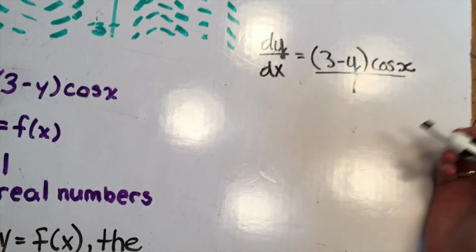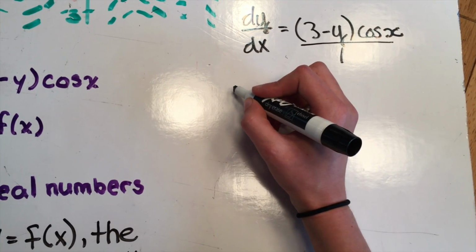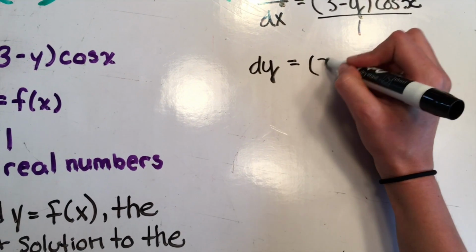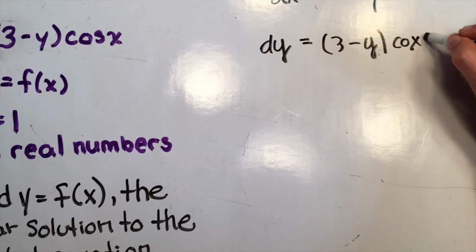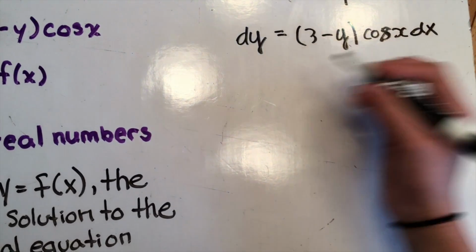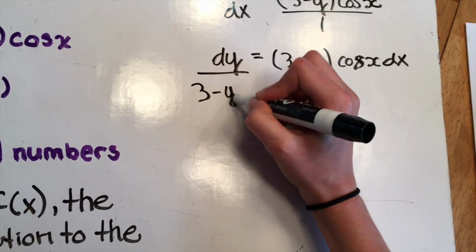You can do this by cross multiplication, so you end up with dy equals (3 minus y) times cosine of x dx, and then you divide both sides by 3 minus y.